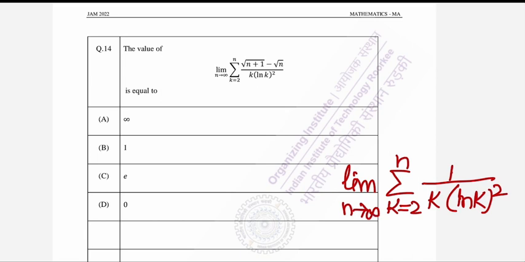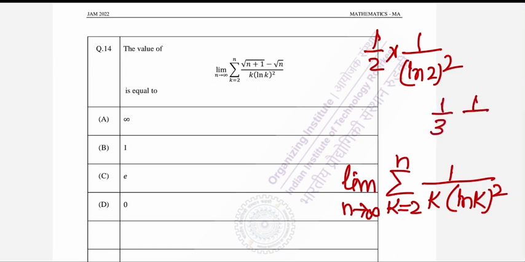Now let us see the terms of this series. The first term, for k equals 2, will be 1 by 2 into 1 by ln 2 square. Now the next term will be 1 by 3, 1 by ln 3 square.